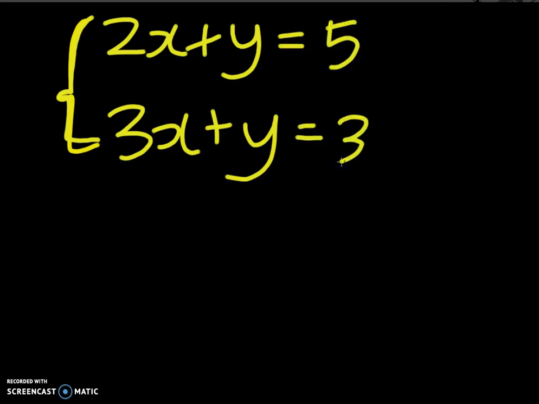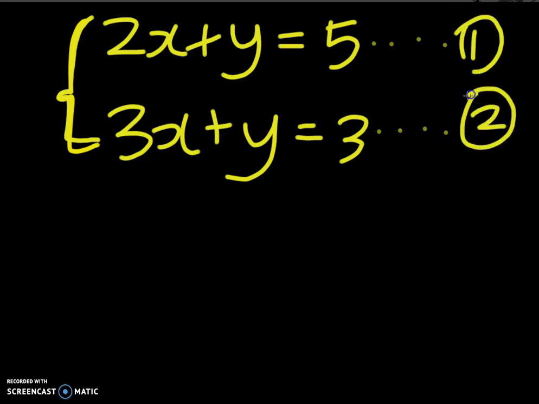Any equation might be given in your exam paper, and your first step always in solving a simultaneous equation is putting a dot on each side and labeling each equation, equation 1, equation 2. Then you decide whether you use the elimination method or the substitution method, whichever is optimum for the question you're doing.